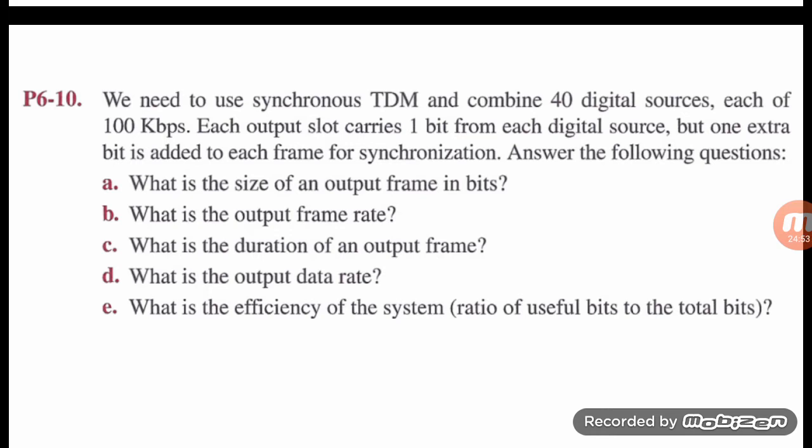The frame rate is 100 kiloframes per second, right? So it is 1 over 100 times 10 to the power 3, which is 1 over 10 to the power 5, so it is actually 10 microseconds.